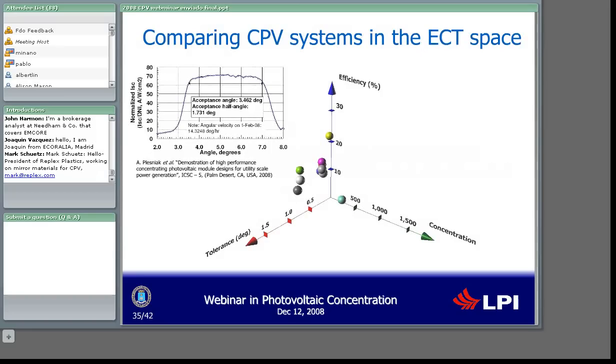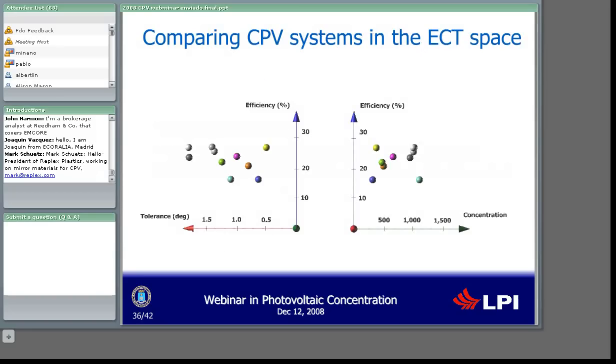And in order to see it better, we're going to represent two of the projections of these point clouds in this graph. On the left we show efficiency versus tolerance, on the right efficiency versus concentration.